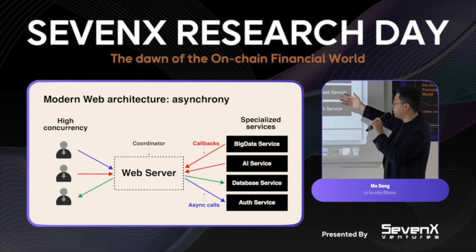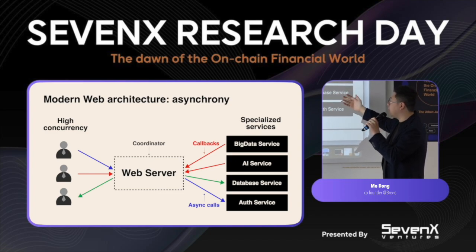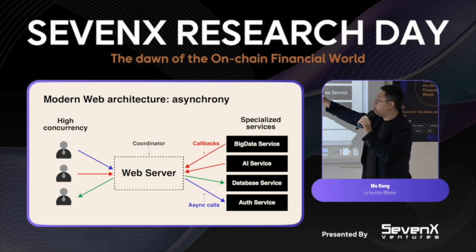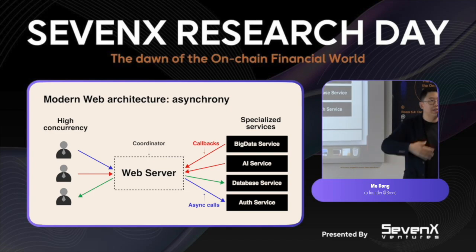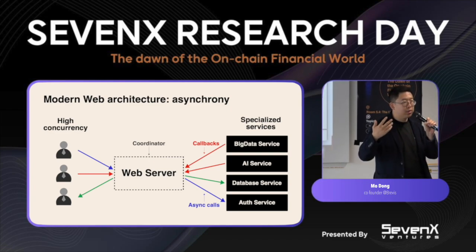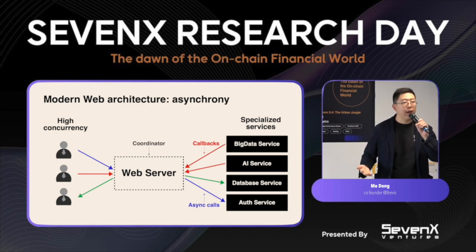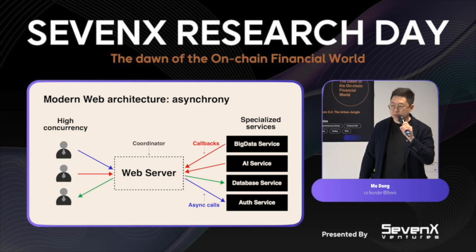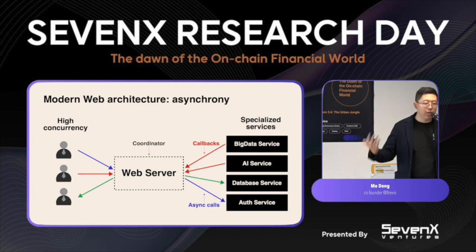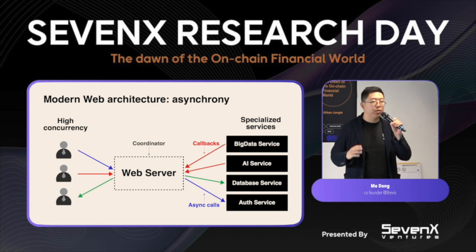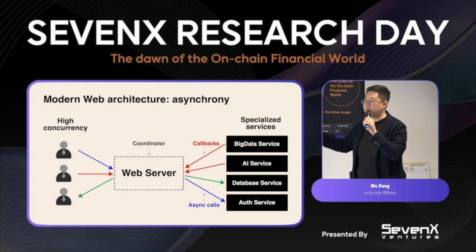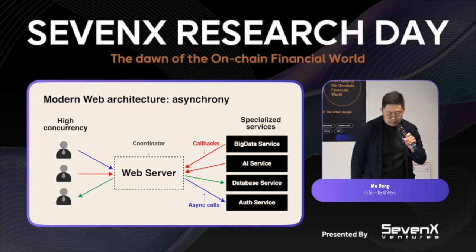These specialized services do the processing and send callback functions back to the coordinator, so the web server can assemble and coordinate the returned data and present to the user a final coherent result. This is how you see Twitter streams, Facebook streams. Every single Web 2 application you're using today is built on this type of architecture for scalability.